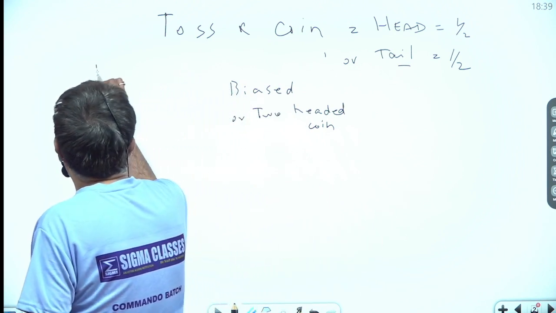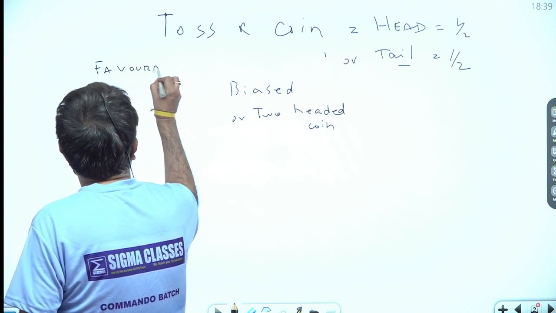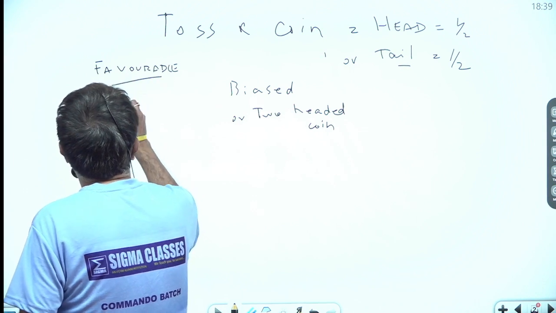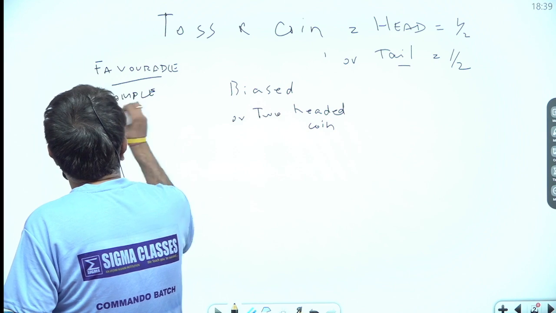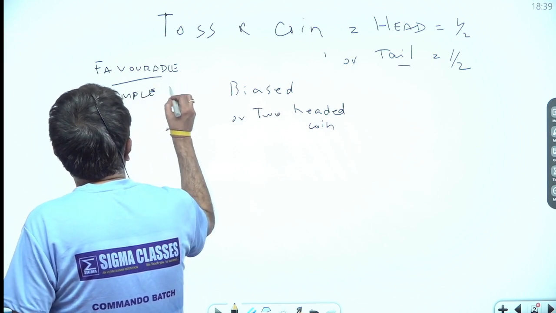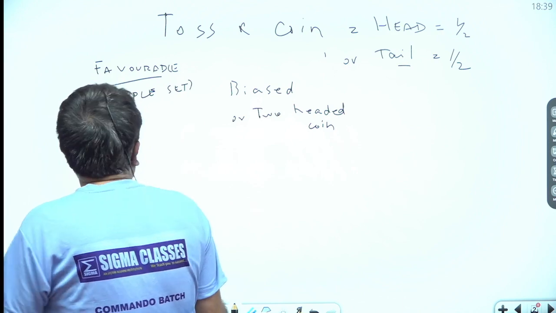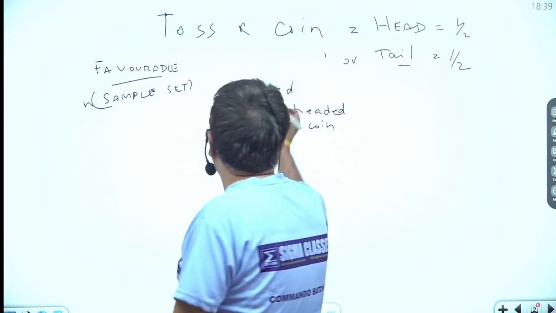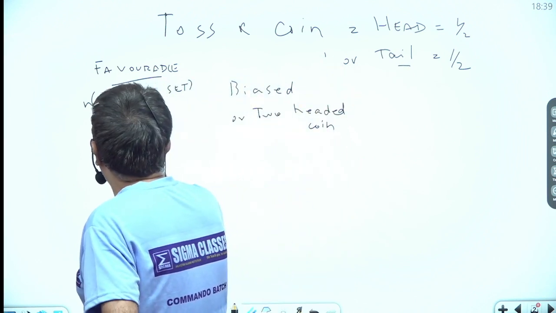So, favorable event over the total number of sample set which is there. Now, when you have two coins, what is the probability of getting two heads?